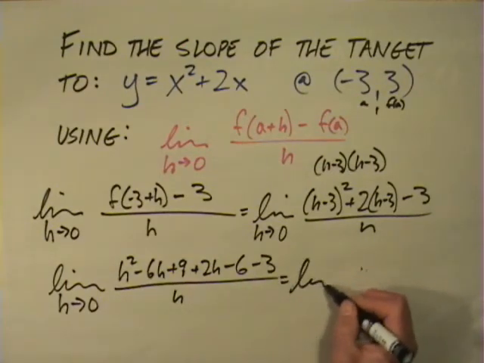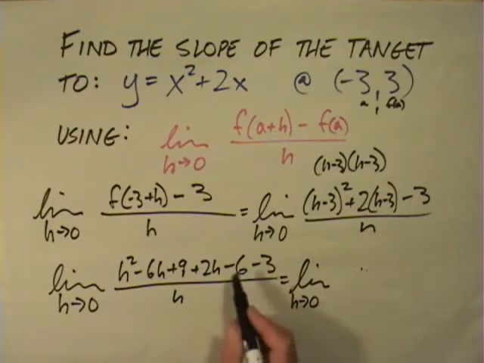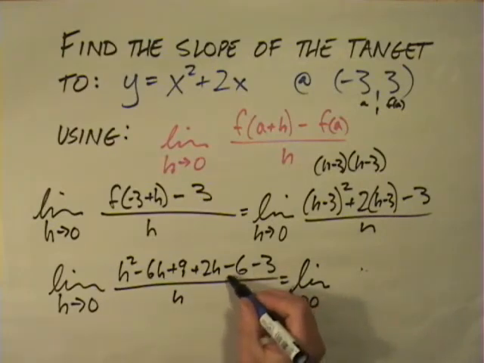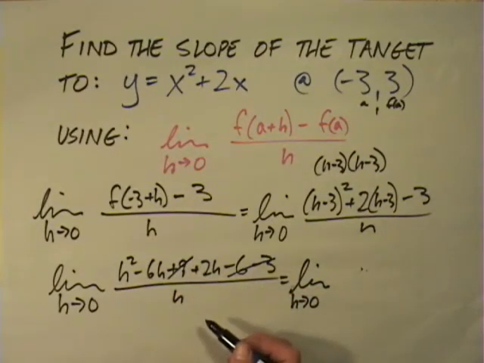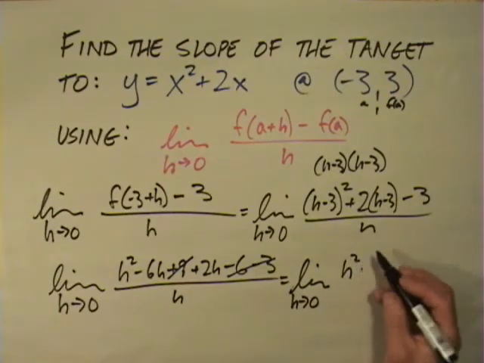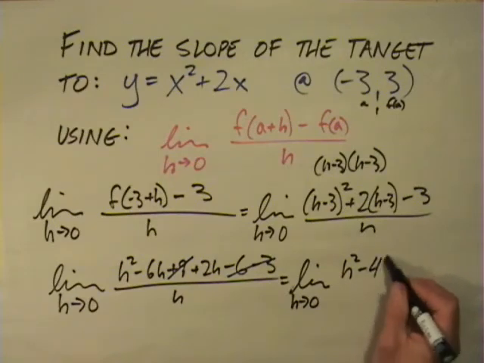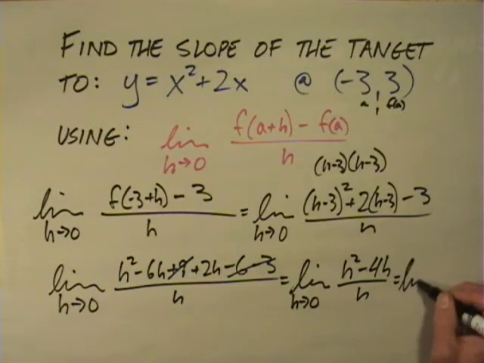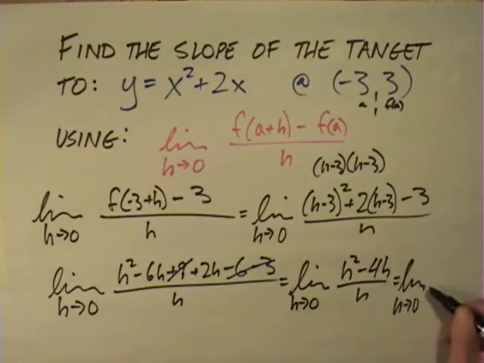Well, you'll see that this becomes the limit as h approaches 0 of -6 and -3. That's a -9, and that cancels with the positive 9, and then I just get h squared plus -6h plus 2h, so that gives me h squared minus 4h over h.